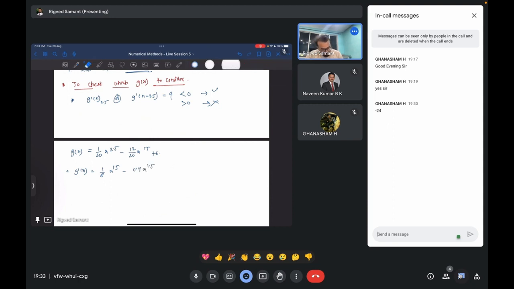So now g dash of 3.5. So 1 by 8 times 3.5 raised to 1.5 minus 0.9 into 3.5 raised to 0.5. What will be the answer?